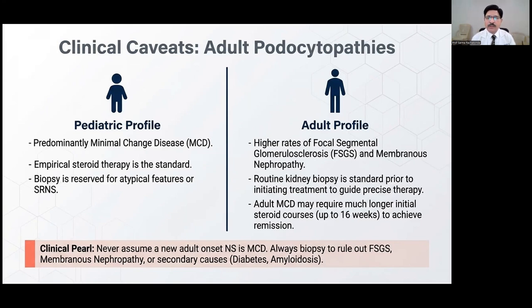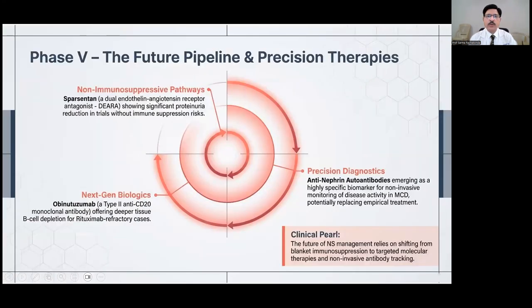Don't do that. Always do a biopsy to rule out FSGS, membranous nephropathy, or secondary causes like diabetes or amyloidosis in adults. That means slowly we have to understand that doing the biopsy is a must for almost all adults.